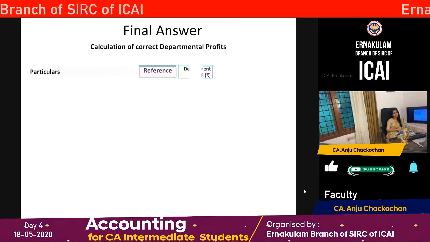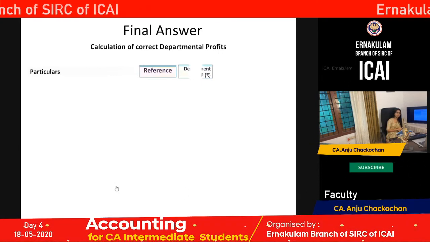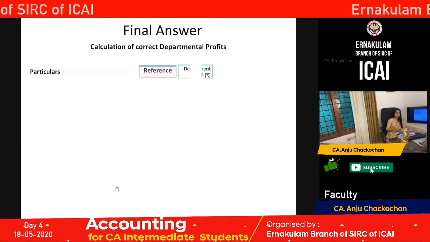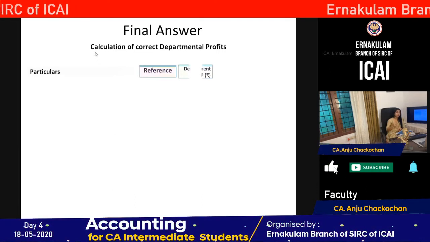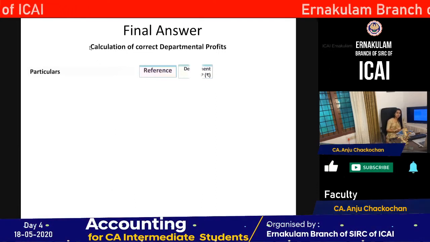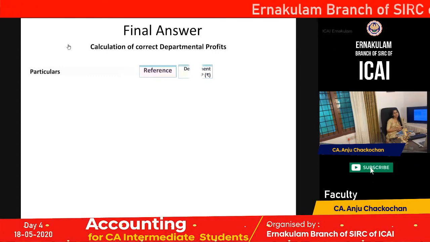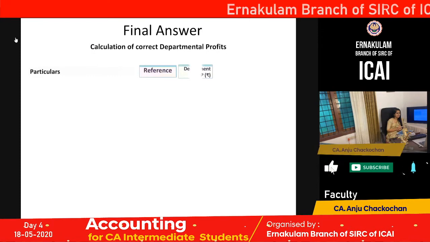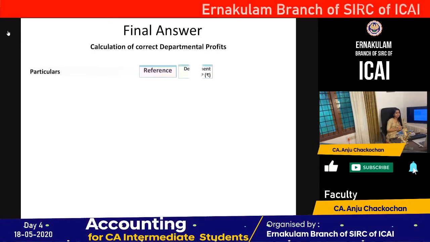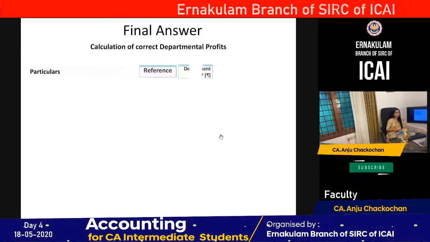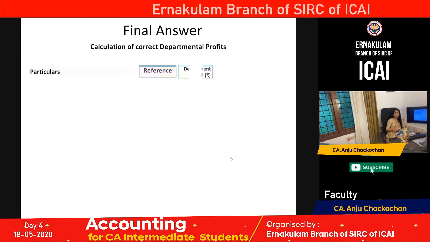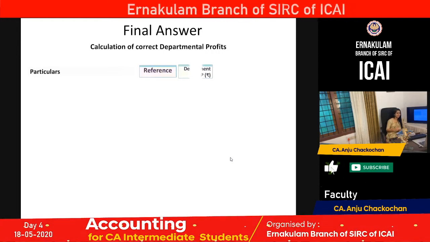You have the profit before commission, you reduce the unrealized profit, you get the profit before commission. To that you apply 10%, you get the profit after commission, just this, okay? Very simple, such an easy task it is. Come up with the final answers, everyone. Such a simple chapter as well, right?